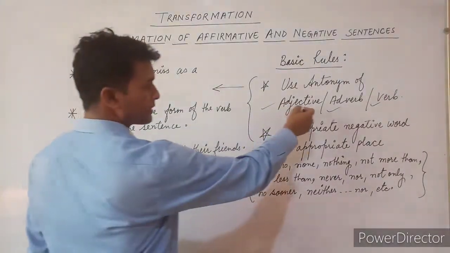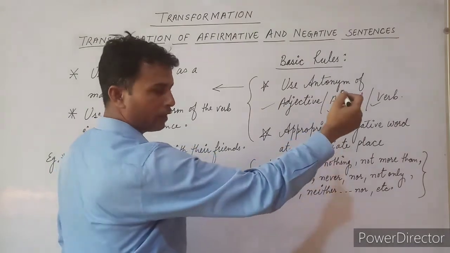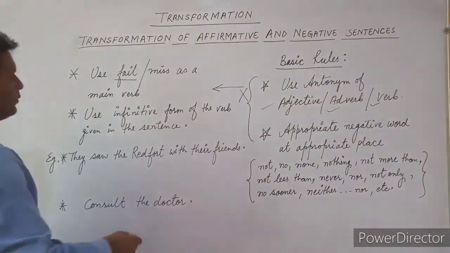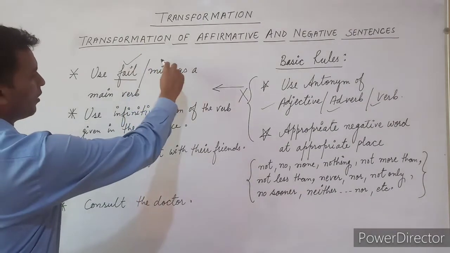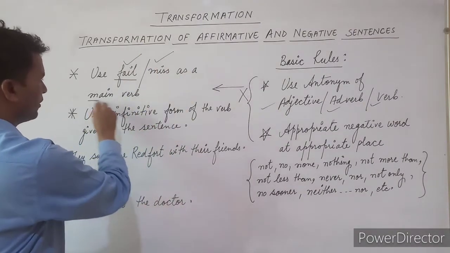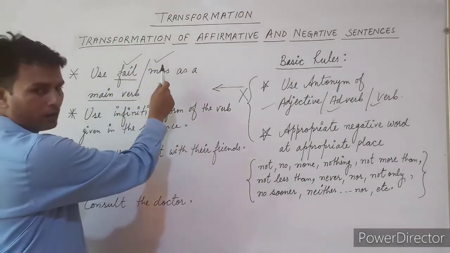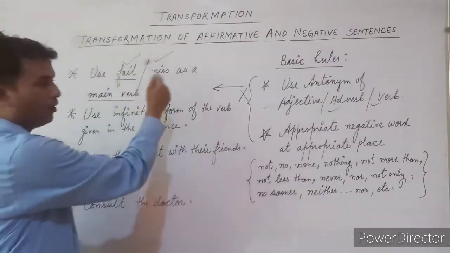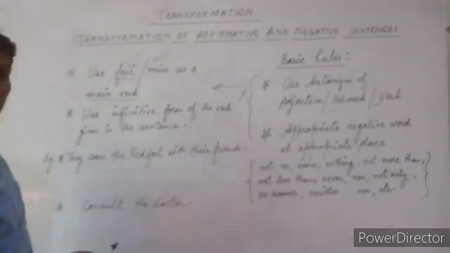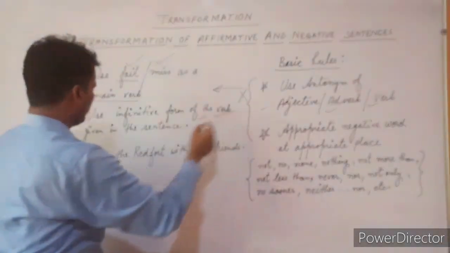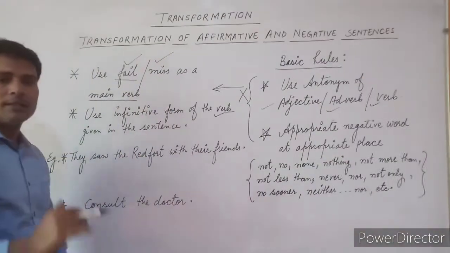First, suppose adjective, adverb and verb are missing in a sentence, then we use fail or miss as a main verb. Right, students? We use either fail or miss as a main verb. And we use the infinitive form of the verb given in the sentence.